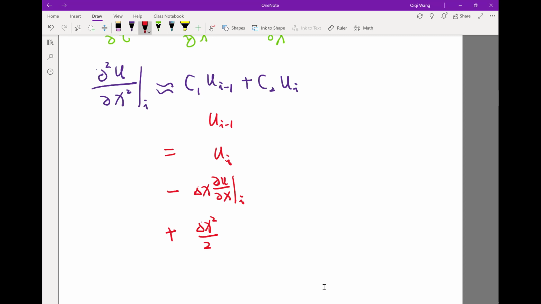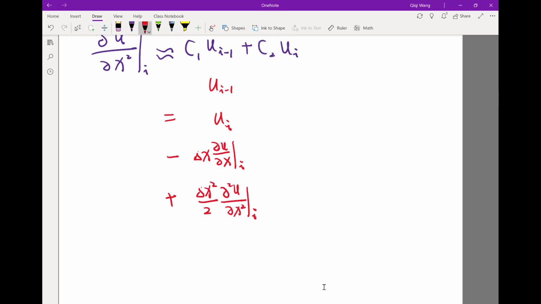actually 2 factorial, which is equal to 2, times the second derivative, again at i. Let's just expand one more term: delta x cubed over 3 factorial, which is 6, times the third order derivative. And let's just start our own notation, O(delta x to the fourth).